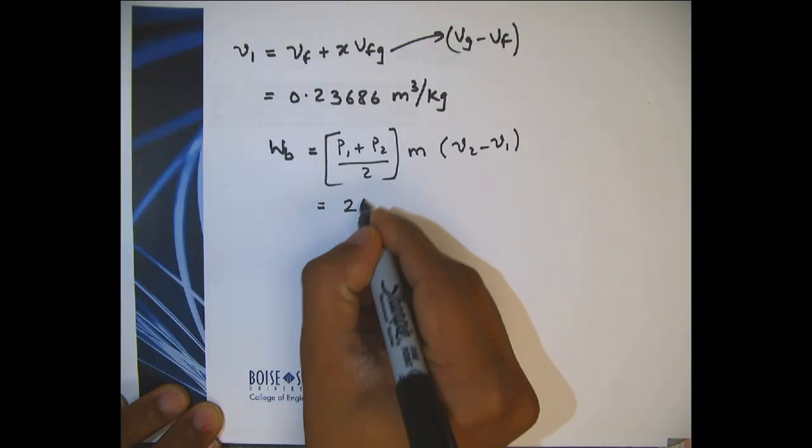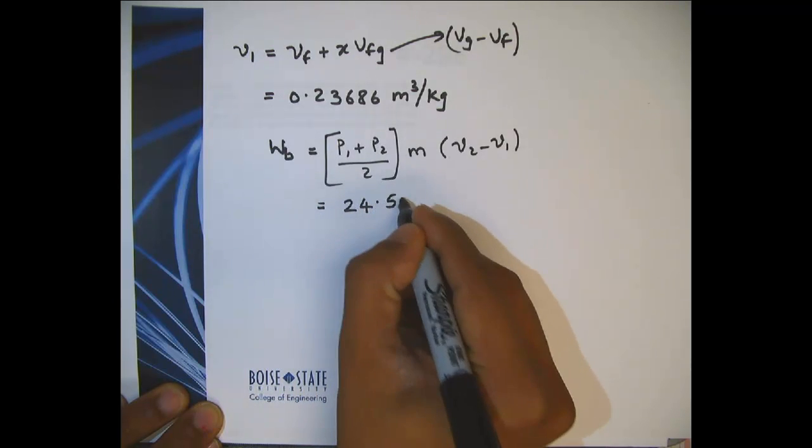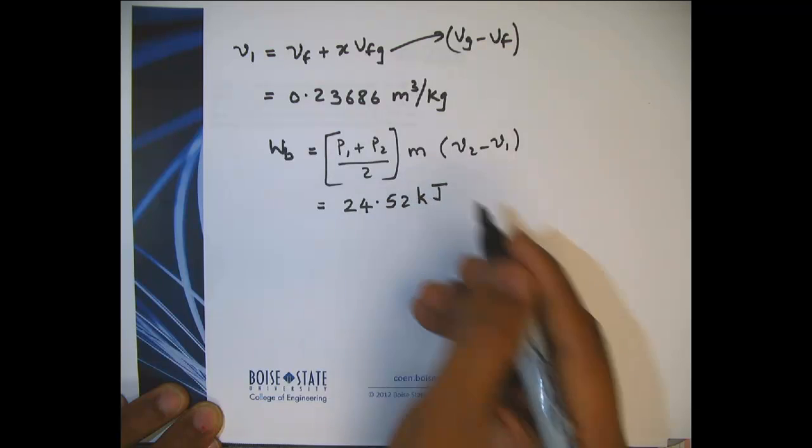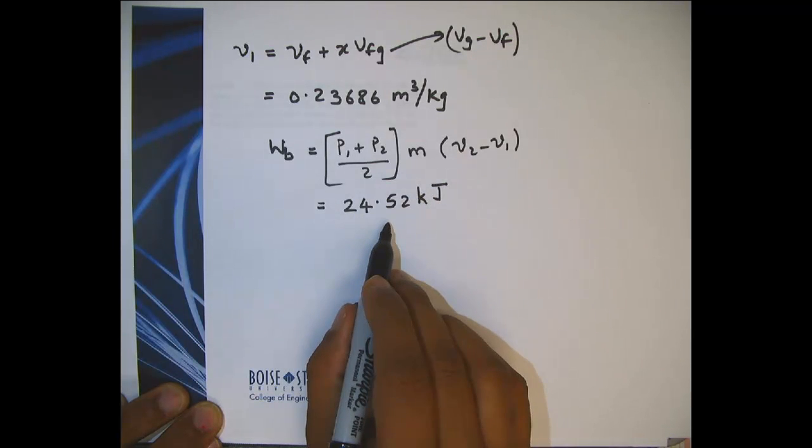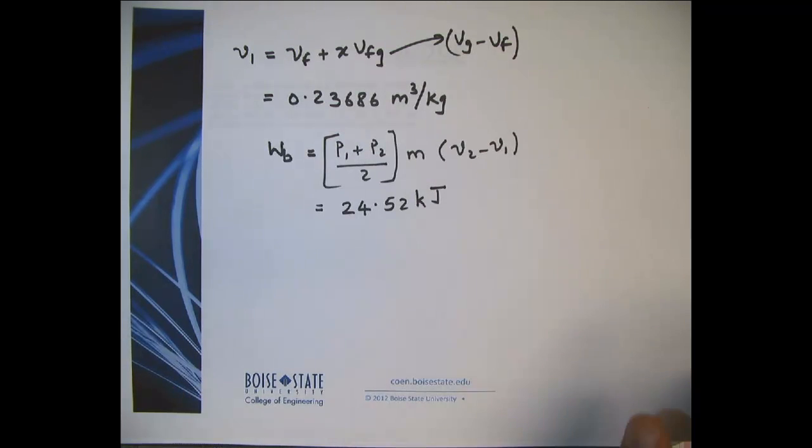So I end up with 24.52 kilojoules. Again, the positive sign indicates that the work done is by the system.